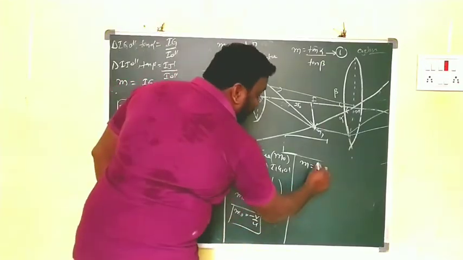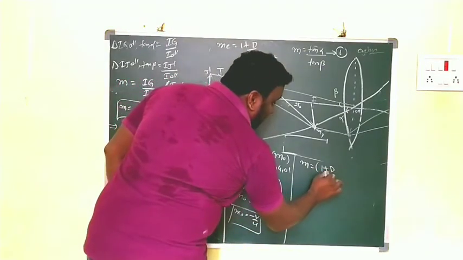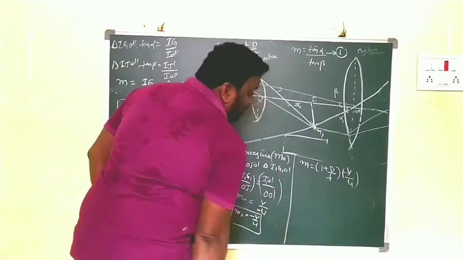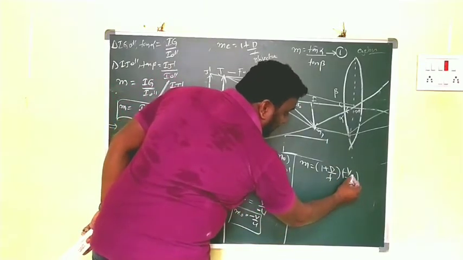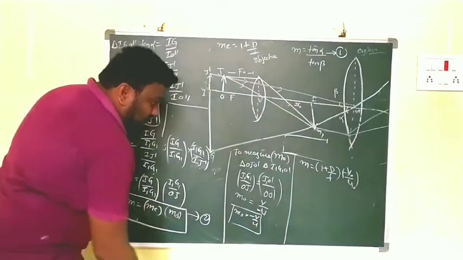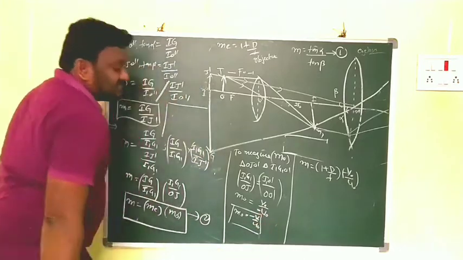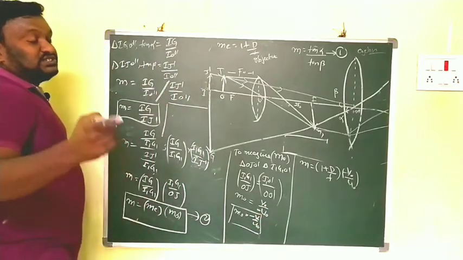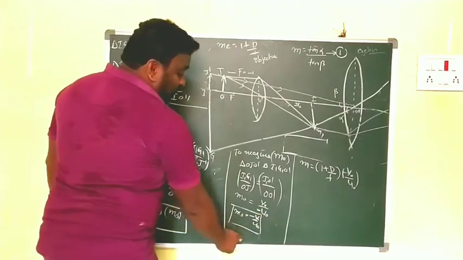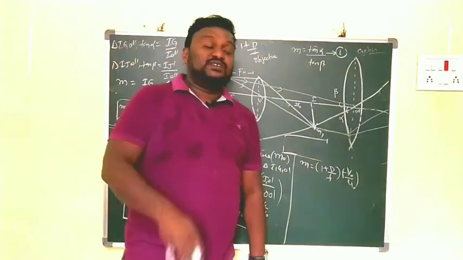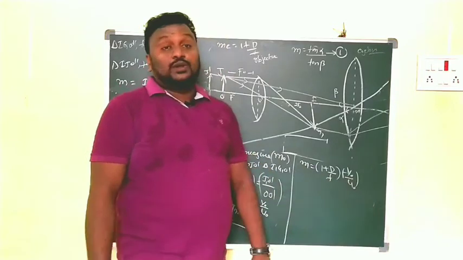ME means 1 plus D by F, into V by U, minus V by U. Here you have to mention V0 and U0, because they belong to the object lens. Here V0, U0 are the image distance and object distance for the object lens. That's why we are mentioning V0 and U0.